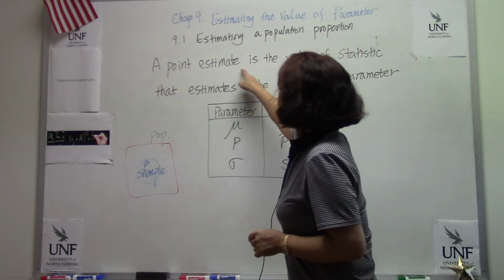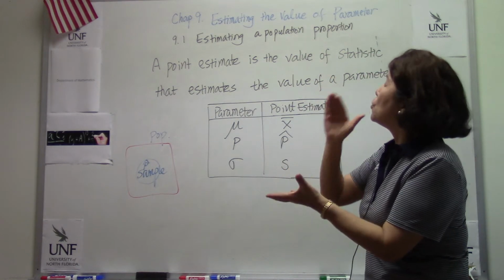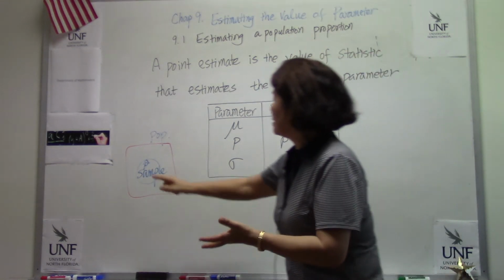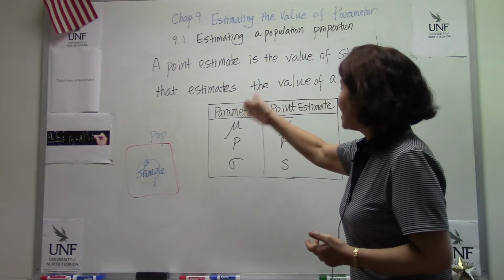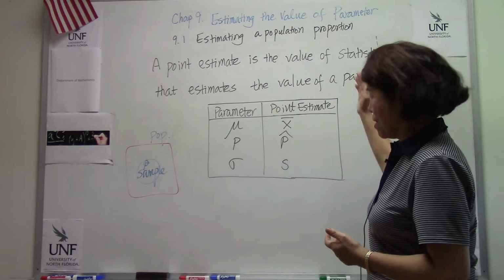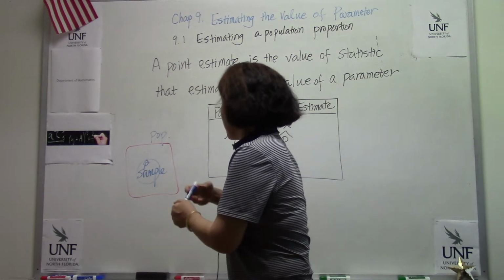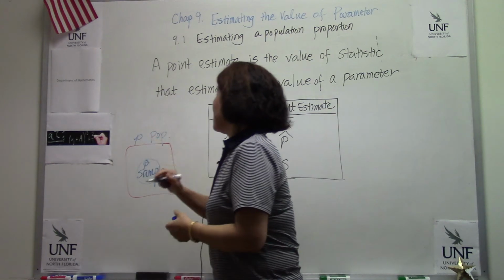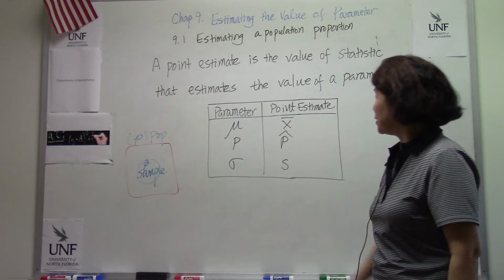So this is the vocabulary. A point estimate is the value of a statistic. A statistic is a numerical value that represents the sample, for example, p hat, that estimates the value of a parameter. In this case, p hat is going to estimate p, the proportion of a population.